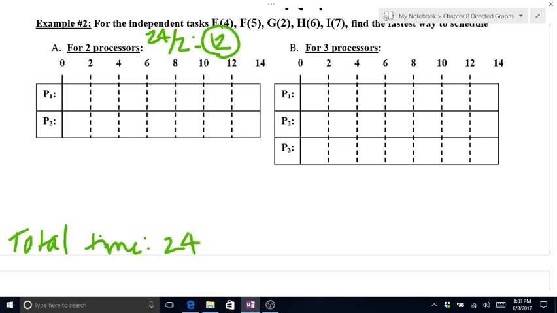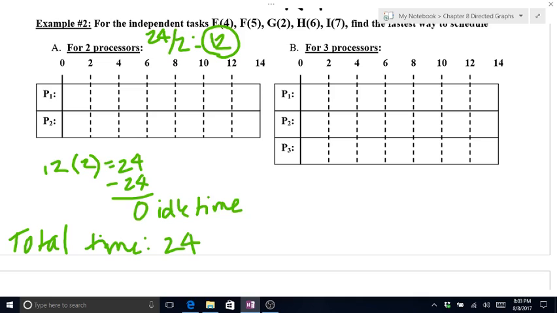Okay, none of my tasks take more than 12 minutes, so we should be good at 12 minutes. Let's see if we should have any idle time here. So I've got 12 minutes and 2 processors working. That's a total of 24 minus 24. I should have 0 idle time. Okay.